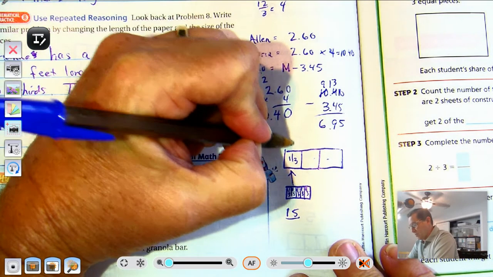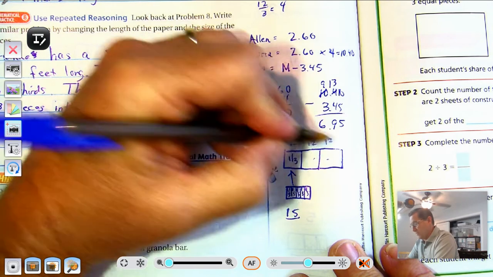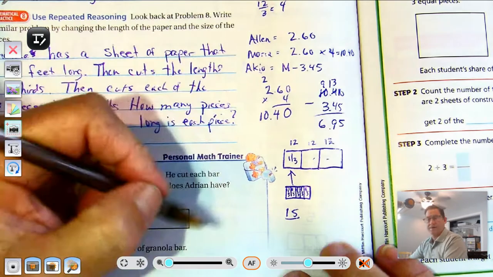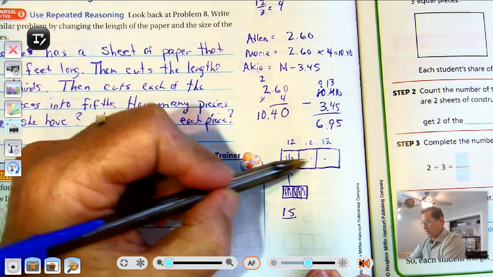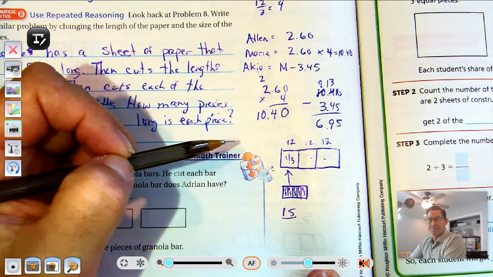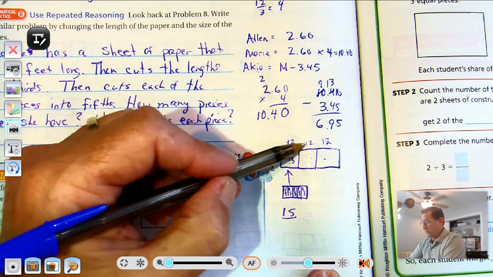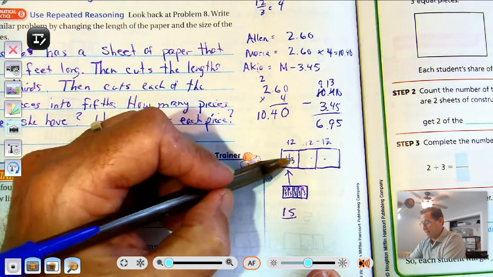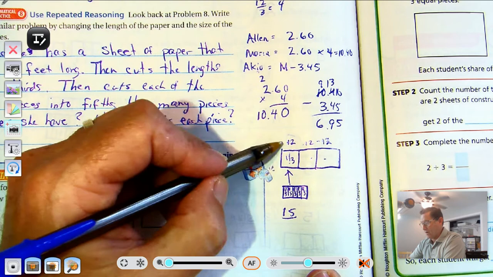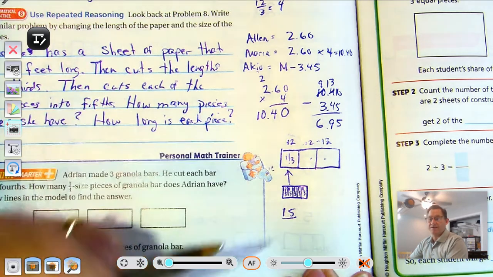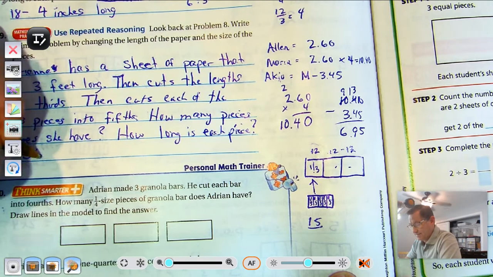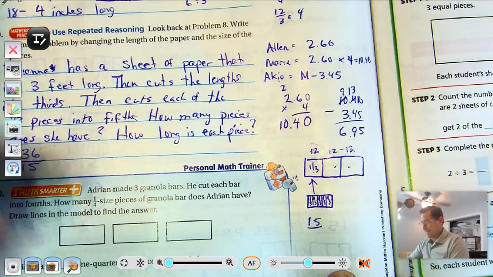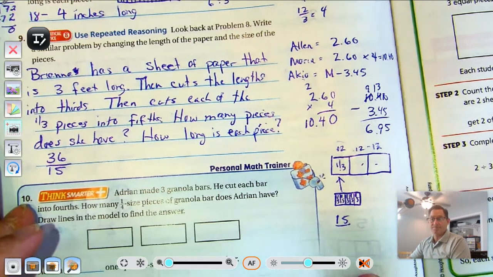So this would be 12 inches, 12 inches, 12 inches, because a third of 3 feet is 12 inches each. So there's a total of 36 inches, but now we're going to take that 1/3, that 12, and split it into 5 equal sections. So we have 36 divided by 15 total pieces.